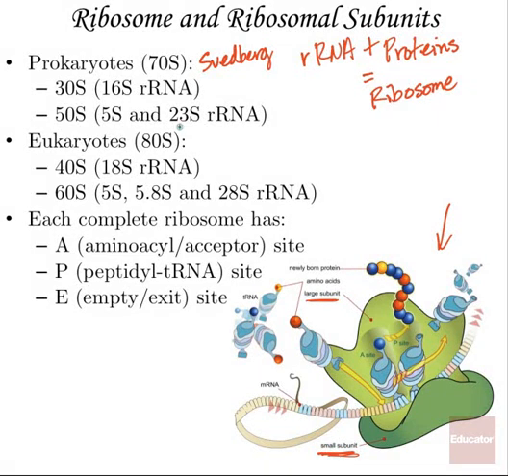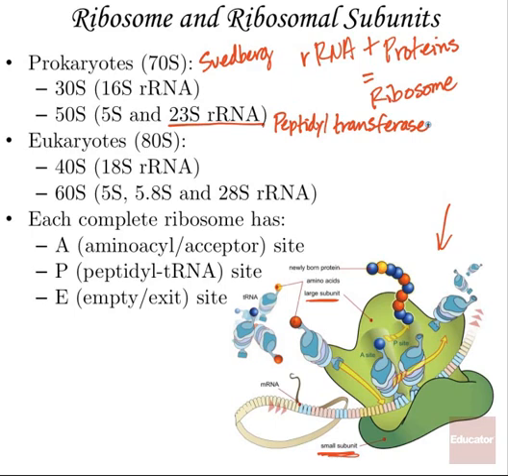Now, what's important, we have this 23S rRNA, and this is our ribozyme. Okay, so it's our peptidyltransferase.